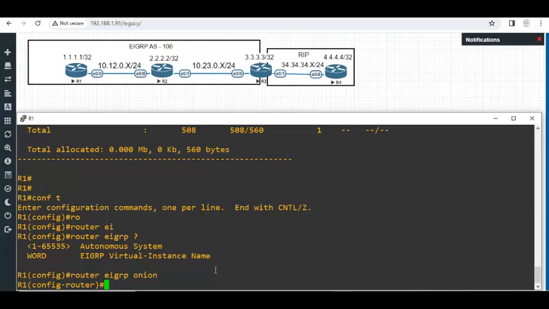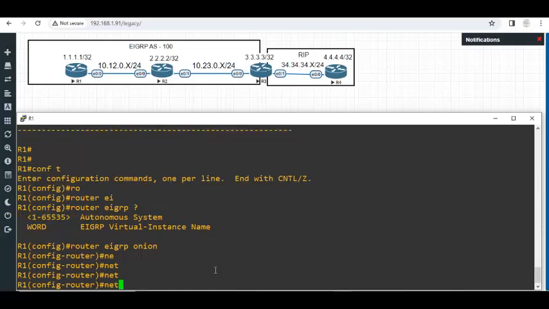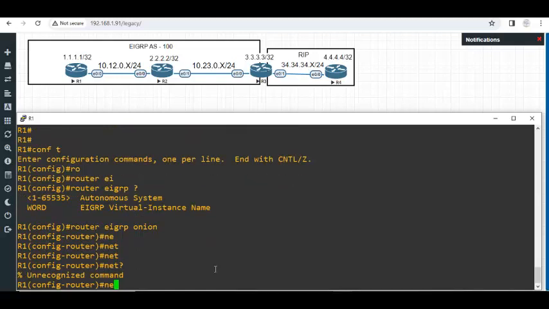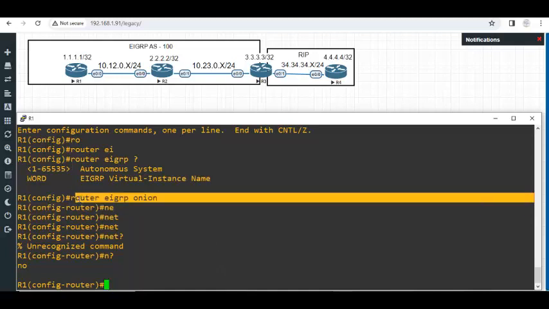Now, if you see here, there is no network command. The reason is you are inside a locally significant process name.